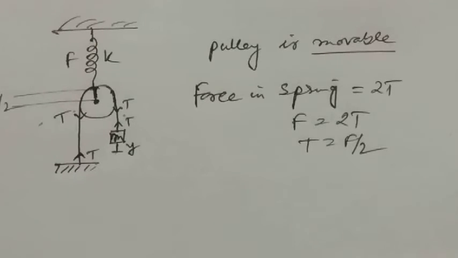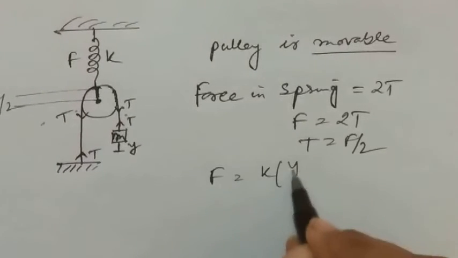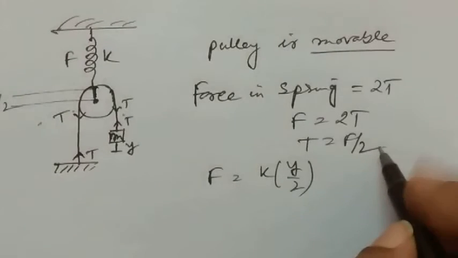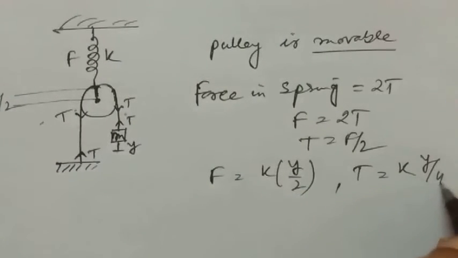Now what is the value of F here? The value of F is equal to k into y by 2. So replacing the value of F here, we get T is equal to k into y by 4.